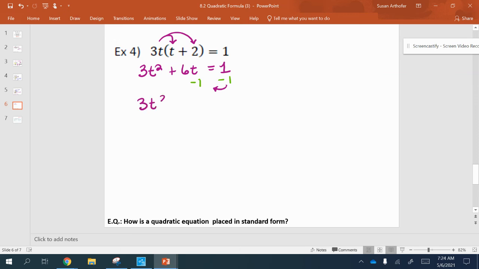I'm hoping so. Okay, so 3t squared plus 6t minus 1 equals 0. So what is our a value, b value, c value? And write out your quadratic formula.